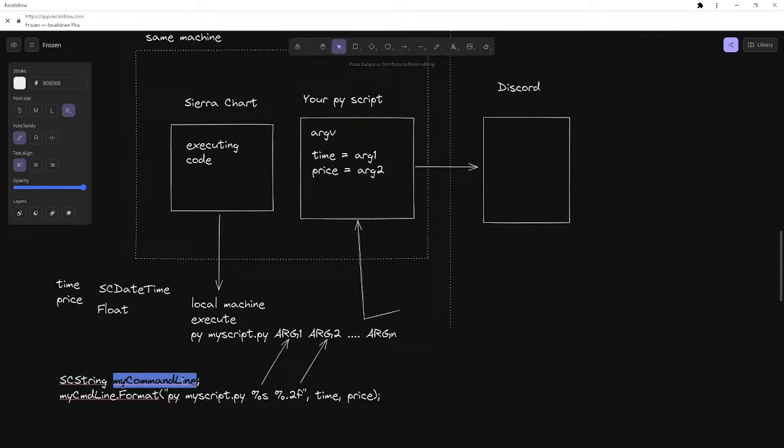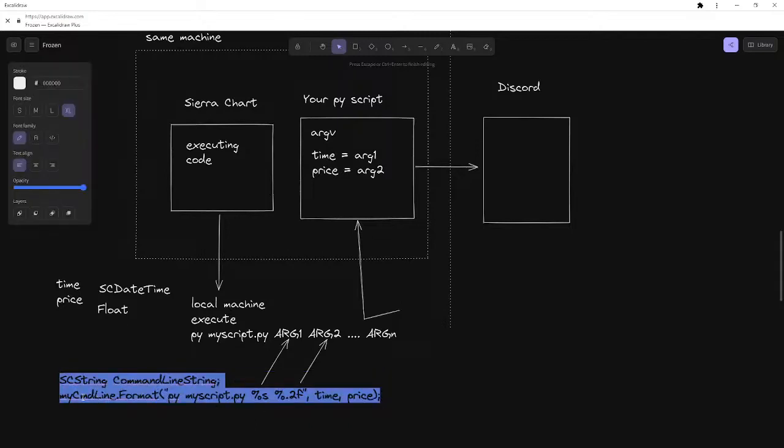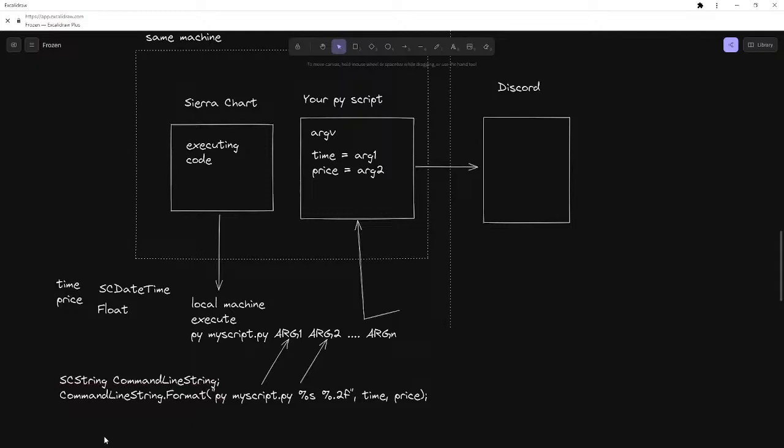This can be named pretty much anything. I mean, you can call it banana if you want, but basically it's a command line string to execute your Python, and then this would be command line string if you changed it to that variable.